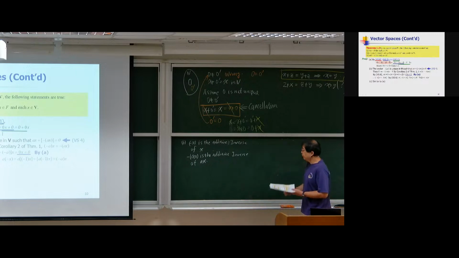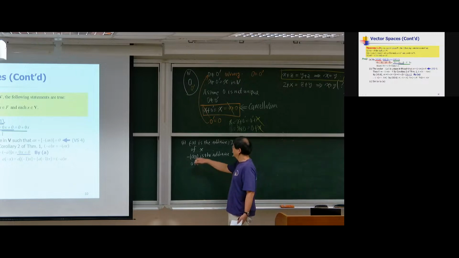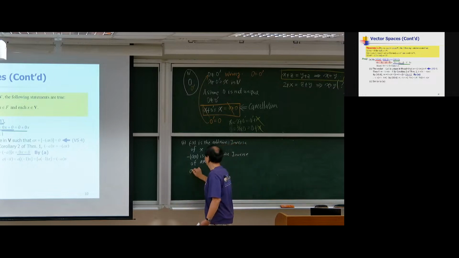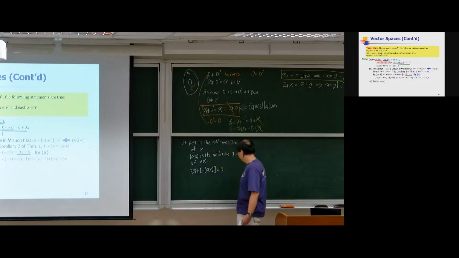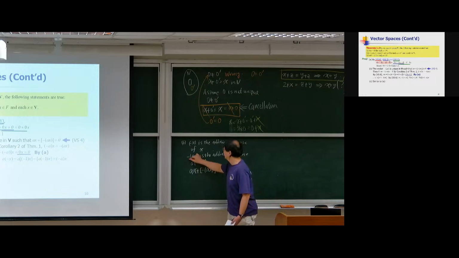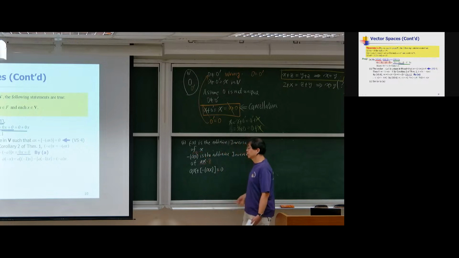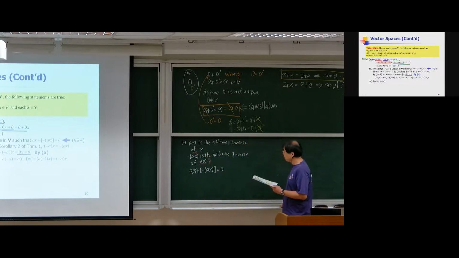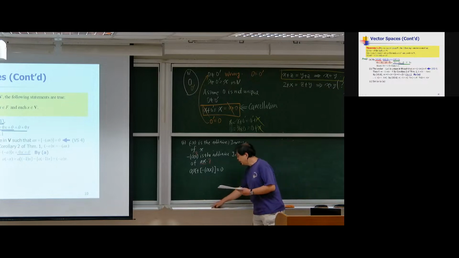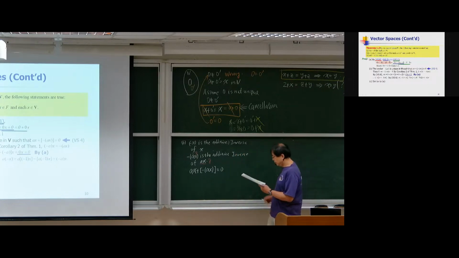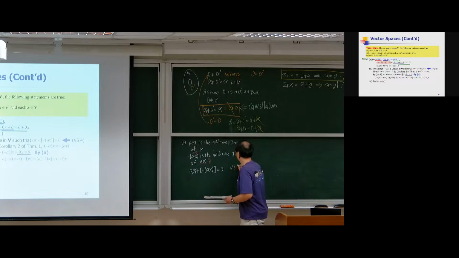Okay, so here, because minus ax is the additive inverse of ax, so I can write ax plus minus ax equals 0. We can simply consider this is vector y, and this is minus y, the additive inverse of y. So I can have this one. So that is VS4.